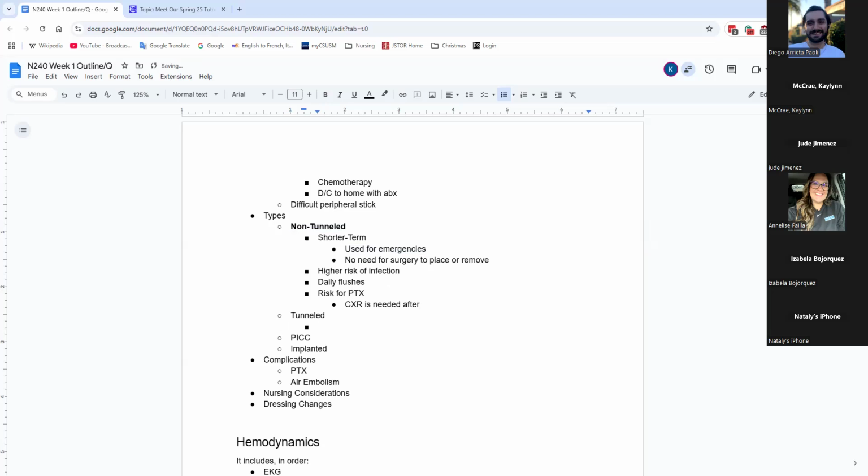So what about the tunneled? Okay, so we have it under the skin, therefore less risk of infection, long-term use like chemo. Ryan mentioned it needs surgery. Yes, this is surgically inserted under the subcutaneous fat.